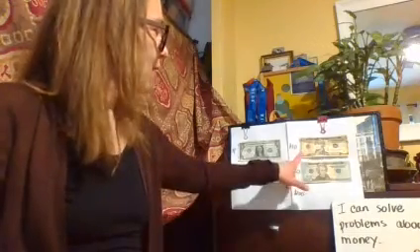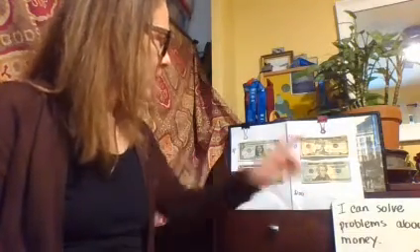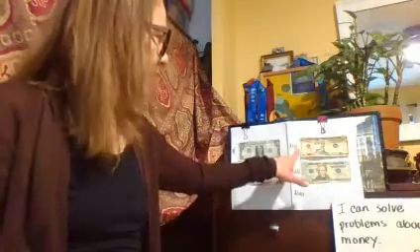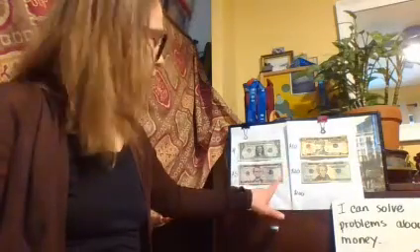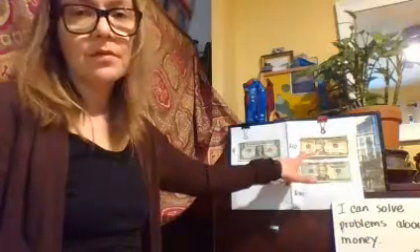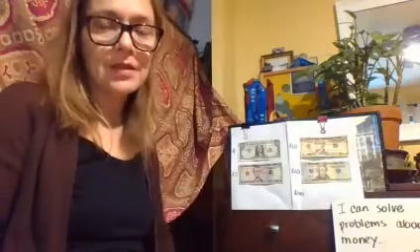Okay, and then we have our $10 bill, and the 10 will be in each corner, and it's worth $10, 10 ones, or 1 five and 5 ones, or it could be worth 1,000 cents.